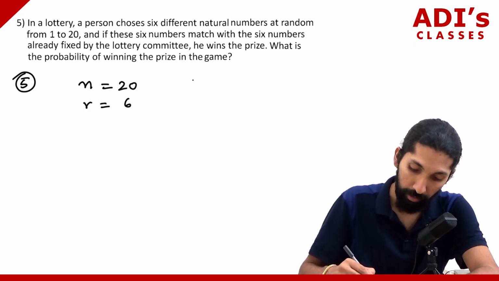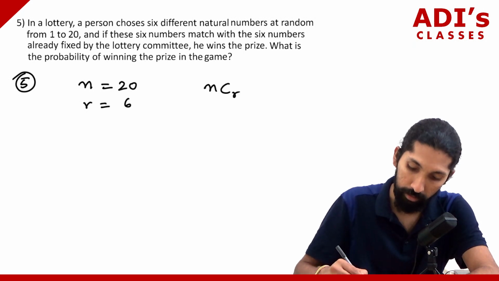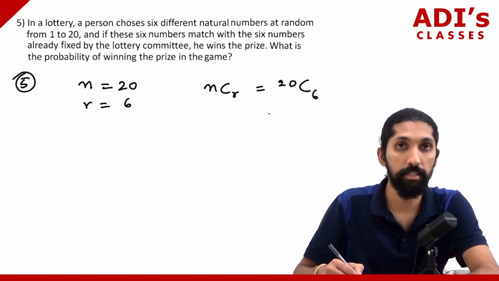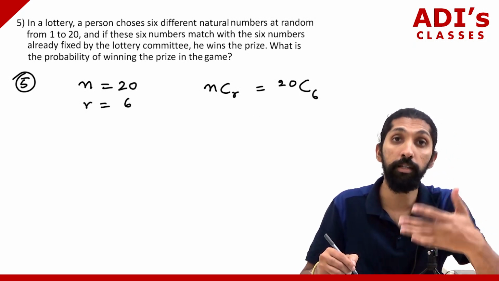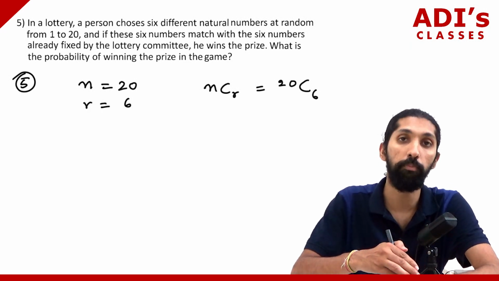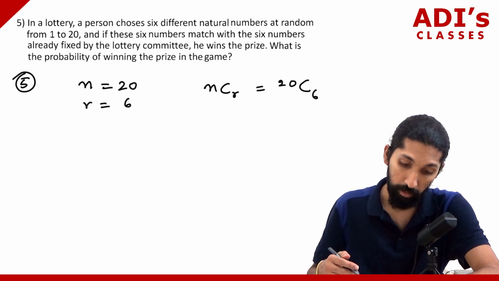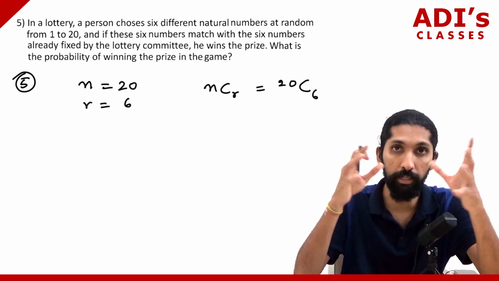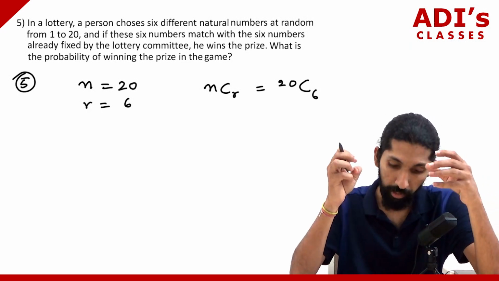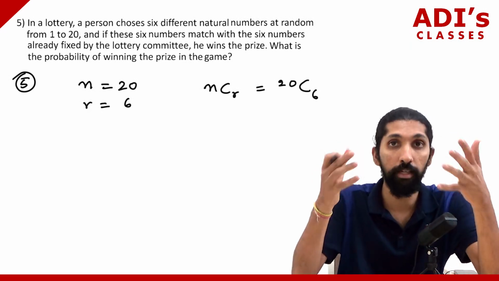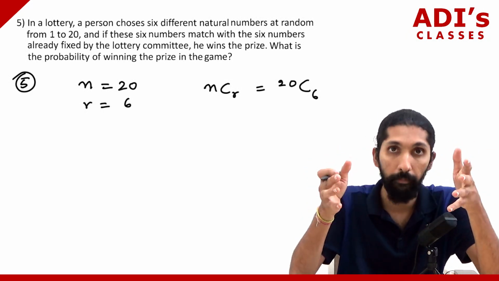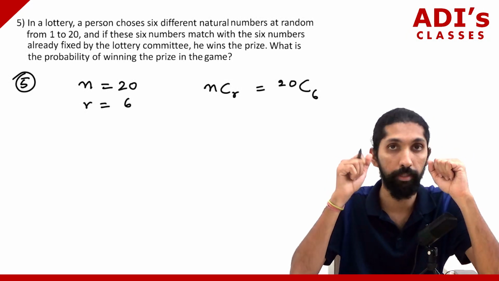So what we have is NCR is equal to 20C6. 20C6 is the number of possibilities of choosing those numbers, or you can say the total possibility, because out of 20 you're selecting 6 of them, isn't it? And it can be any 6. We are not choosing all 20 numbers, isn't it? So out of those 20, we are going to look at so many.